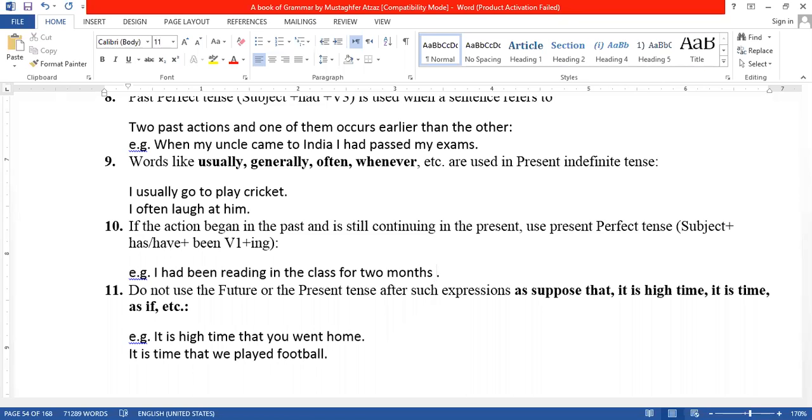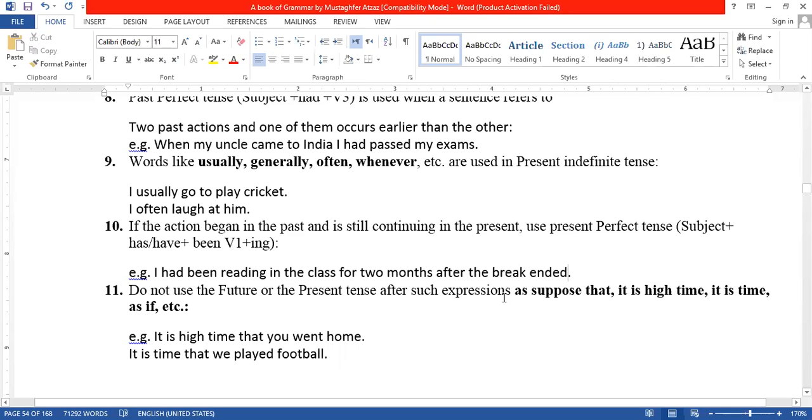Let me make you understand. Now look at this sentence. I had been reading in the class for 2 months.